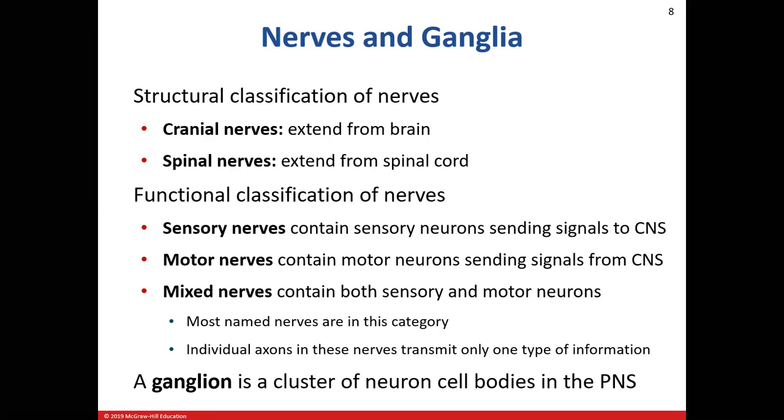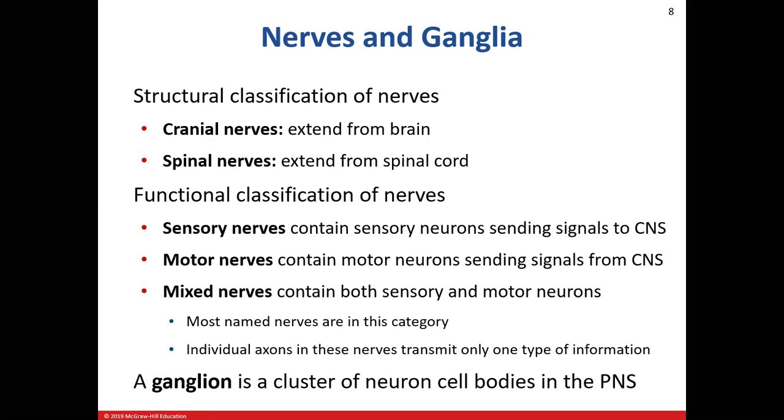So we can have 1,000 individual axons, but of those 1,000 axons, there's only going to be so many that take information in and so many that send information out. It's not a dual function, okay? We are not sending information along one neuron out to the body and then information coming back in on that same pathway. We only have information going in one direction on individual neurons and individual axons.